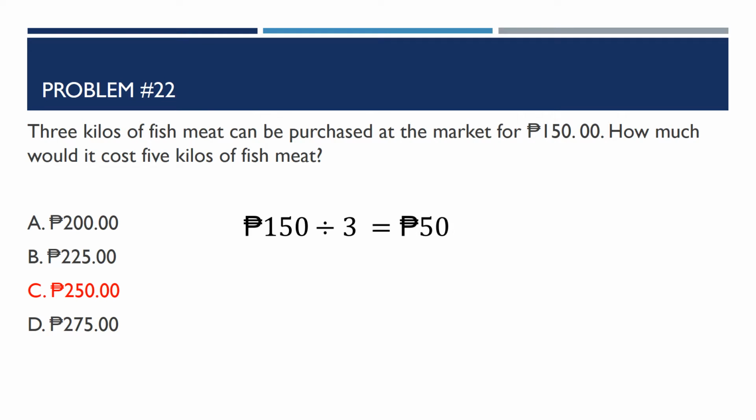If you divide it, you will have 50 pesos. That means it's 50 pesos per kilo of fish meat. Now let us multiply this by 5 because we want to know for 5 kilos. So 50 times 5 is 250 pesos, and that's the answer for number 22.